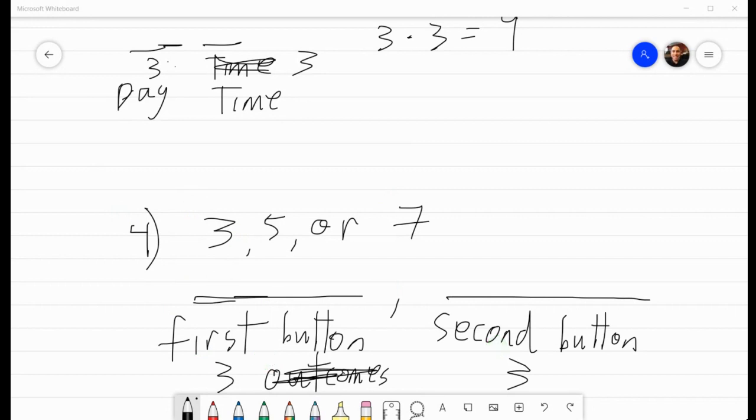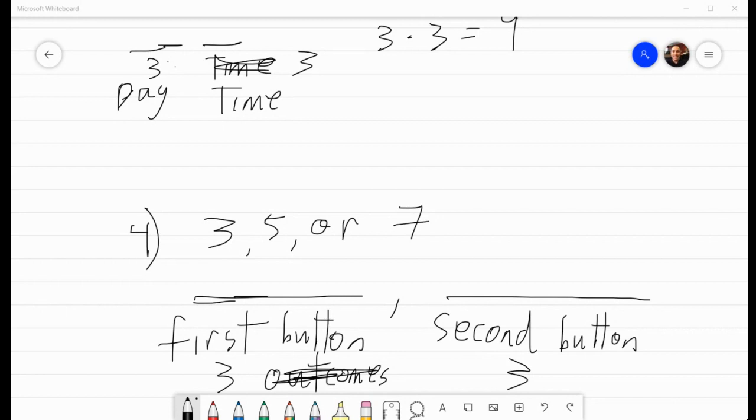But how many outcomes are there going to be altogether? From each button, that first blank space that I tried to draw, you have 3 possible outcomes. The computer's going to give you 3, 5, or 7. Same thing for the second button.